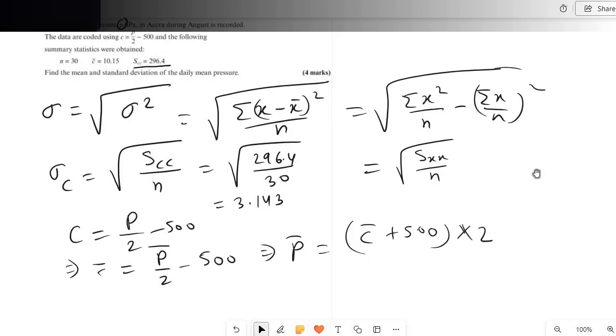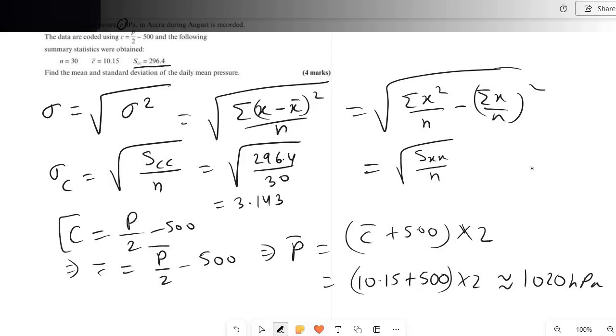And this gives us (10.15 plus 500) multiplied by 2, which is approximately 1020 hectopascals to 3 significant figures.